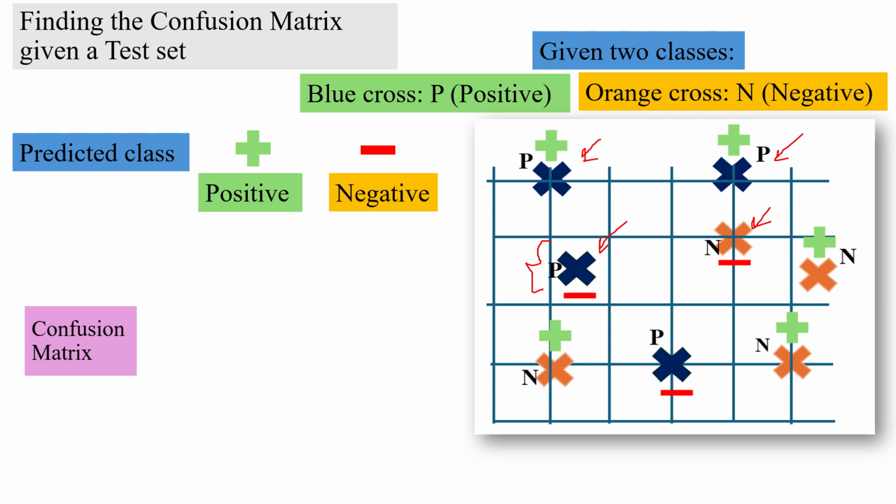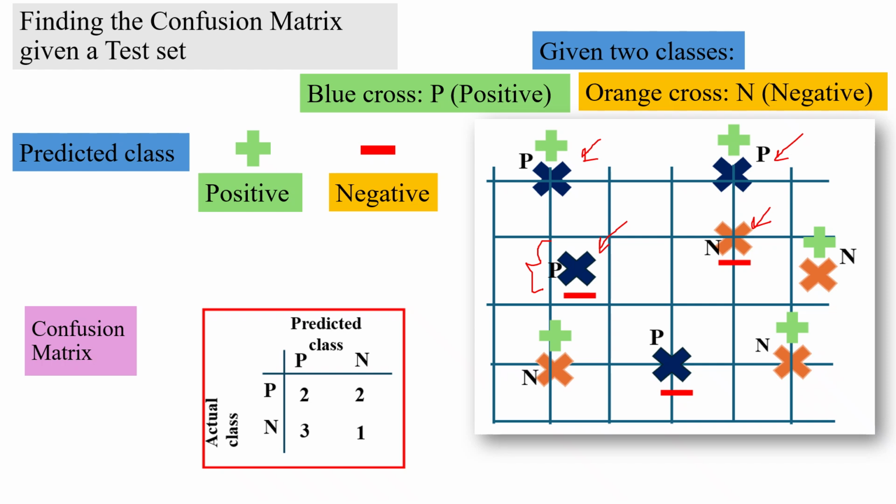Okay, so now we write our confusion matrix, predicted class, actual class. Let us see how we get this P. So this value of 2 comes from this data point and this data point, right? So this is the true positives.